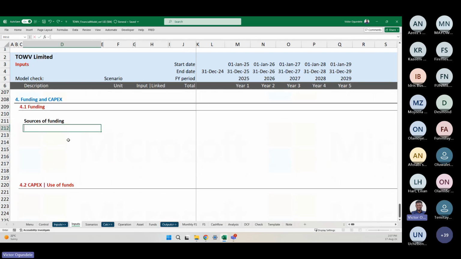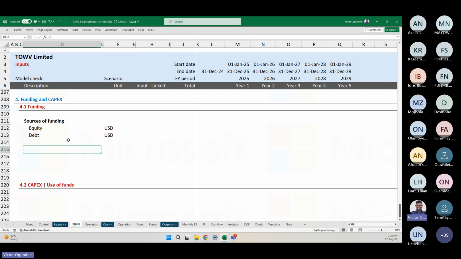So let's have equity. Then we have our debt. So currency and currency. So we can have equity, we can have debt, we can also have any other source of funding as applicable.